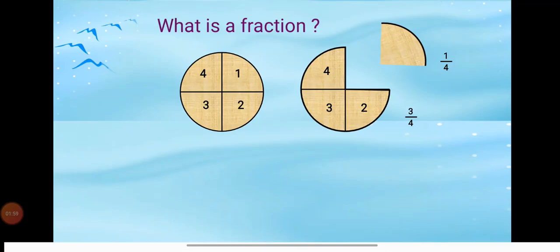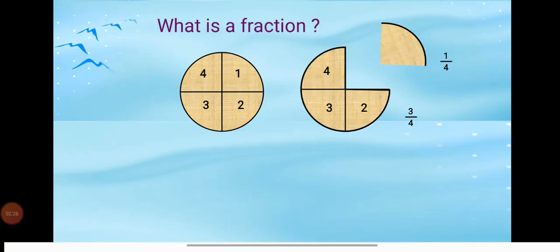The denominator here represents that there were total 4 parts. Similarly, for the remaining parts, the fraction is 3 by 4. So where the numerator 3 denotes the number of parts which are left, and the denominator 4 denotes the total number of parts in the circle.